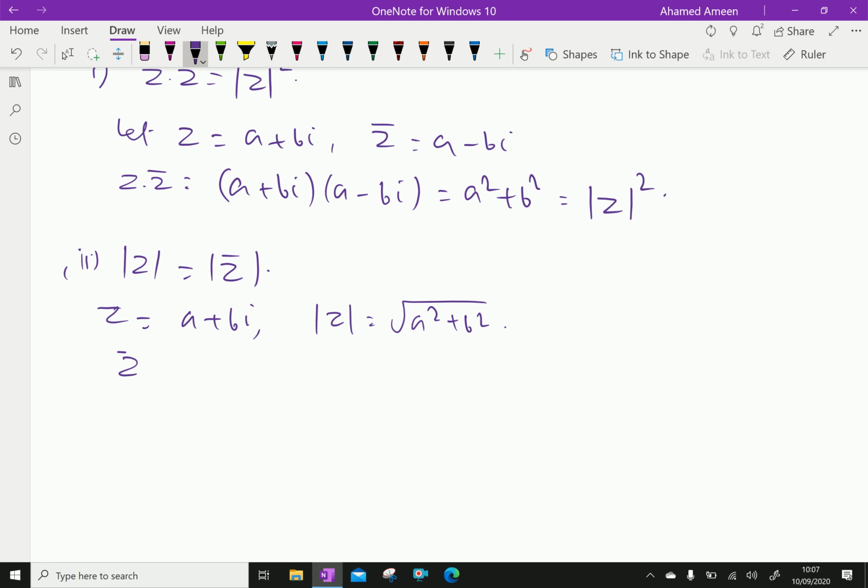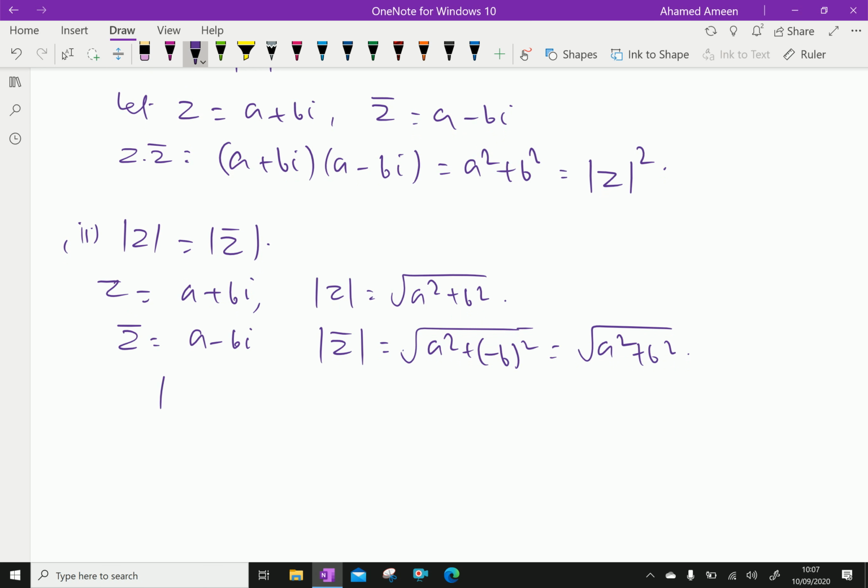Now the conjugate of z is a minus bi, then the modulus of that conjugate is the square root of a square plus b square. Therefore, you can say modulus of z is modulus of z bar.